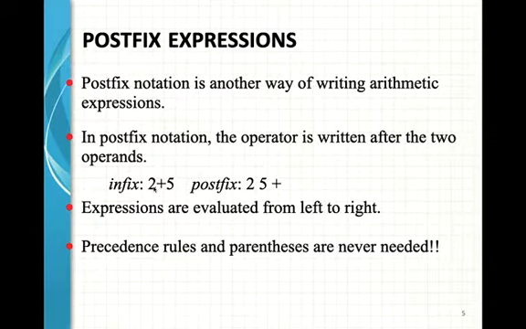Here 2 is an operand, 5 is another operand, and obviously this plus is a binary operator. That means it needs two operands. Binary means 2, bi means 2, that's why it is binary plus, so it has to be plus of 2 operands, so 2 plus 5.